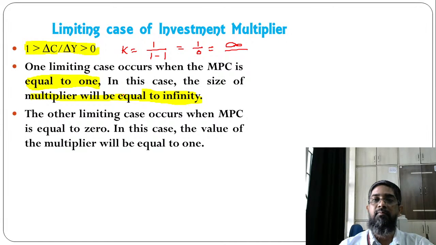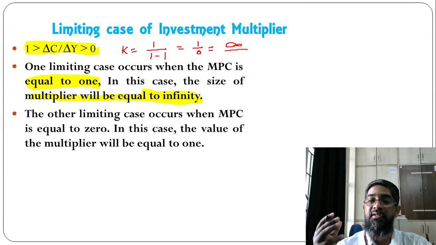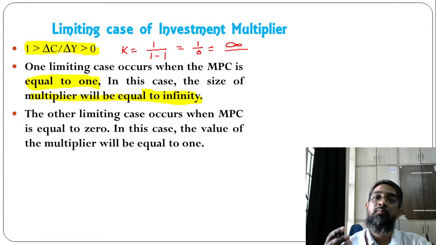So let us see. This is the first limiting case, which is most likely not possible. Had it been so, investment's job to increase income could have been solved once for all time. Once investment is done, income would keep increasing, but that does not happen, right?